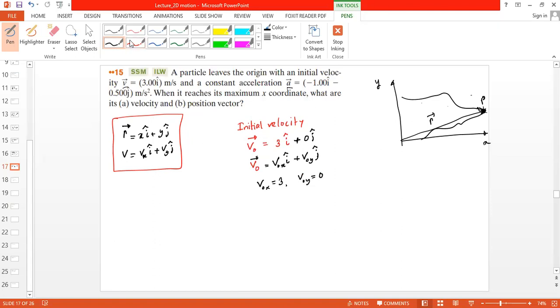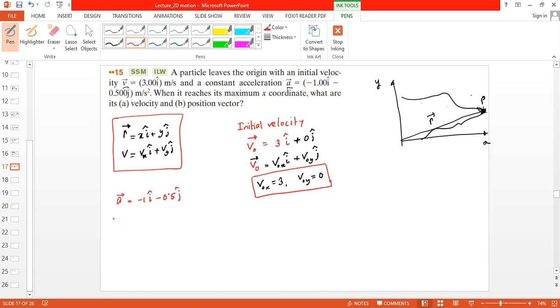Is it clear to you guys? Initial velocity যেটা, তার দুটো component আছে, x component is 3, y component is 0. And then acceleration is given like this, minus 1i minus 0.5j. This is my acceleration.